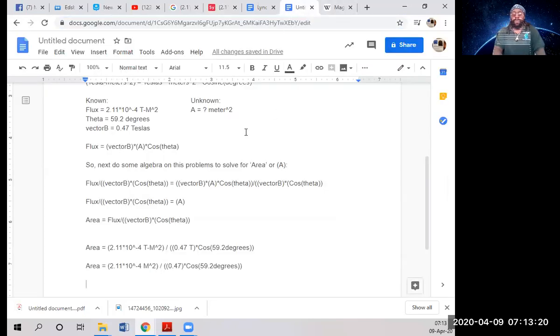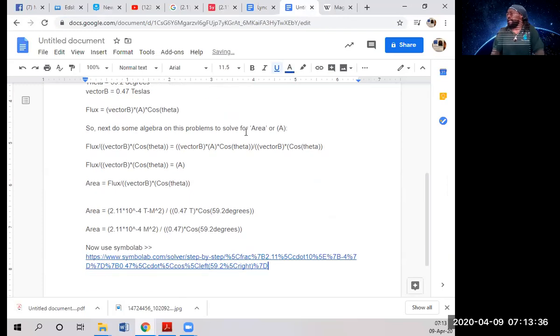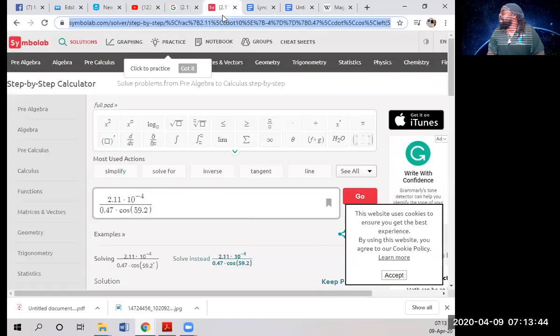So now use Symbolab. Is it .com? You just do this. Okay. You can check it out later if you want. But this is the website I'm on, and let's go back to it for a second. Waiting for this to get on my way.